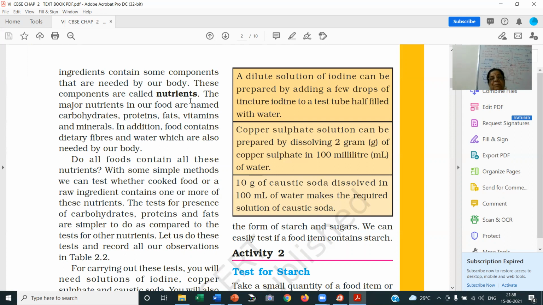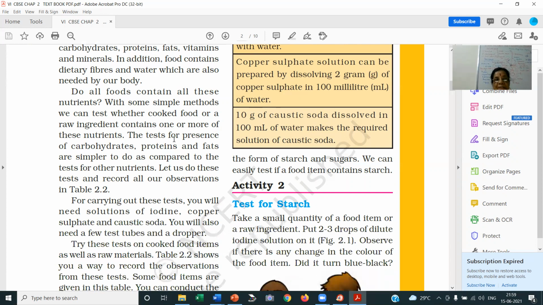The major nutrients are carbohydrate, protein, fat, vitamins, and minerals. In addition to that, we need dietary fibers and water. And then we should know that with some simple method, we can test whether cooked food or raw ingredient contains one or more of these items.